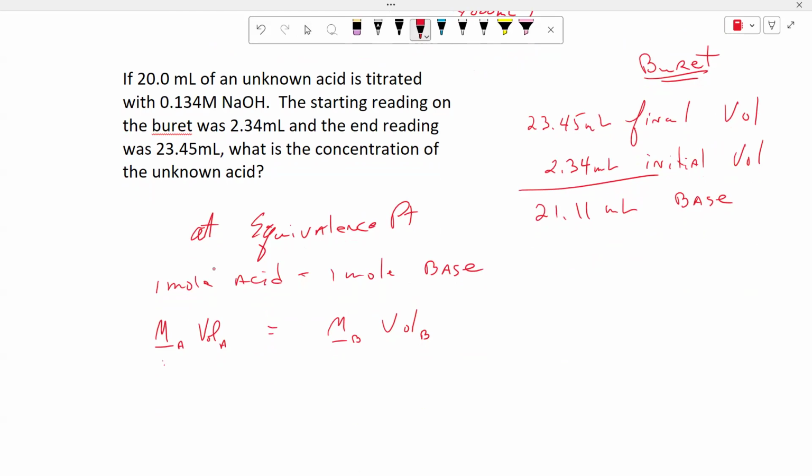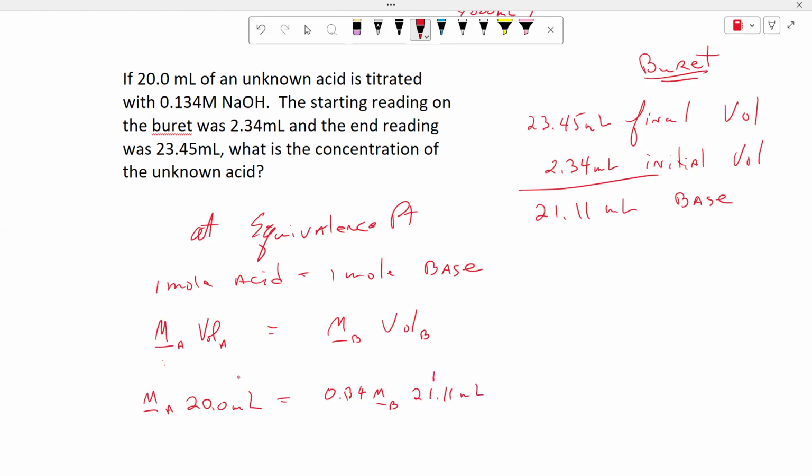Okay, so the volume of the acid is going to be 20 milliliters, times the concentration of the base, which is 1.34, times the 21.11 milliliters.